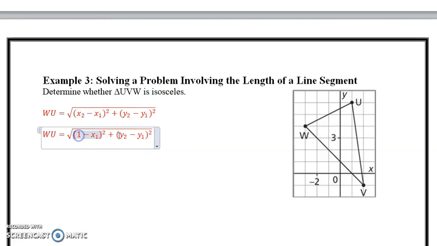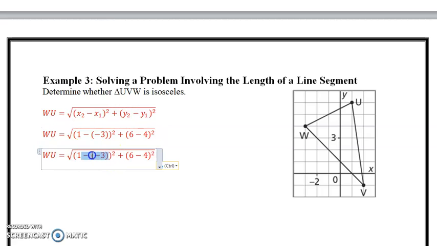So it's 1 minus negative 3. And then our y value is 6, so it'll be 6 minus 4. So 1 minus negative 3 is actually 1 plus 3, and 6 minus 4 would be 2.